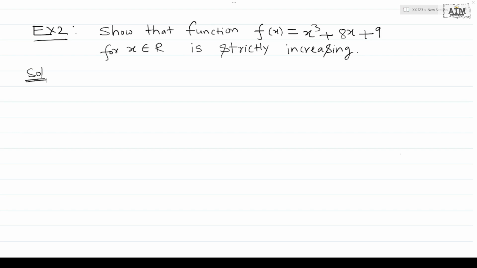Example 2. Show that the function f of x equals x cube plus 8x plus 9 for x belongs to R is strictly increasing.